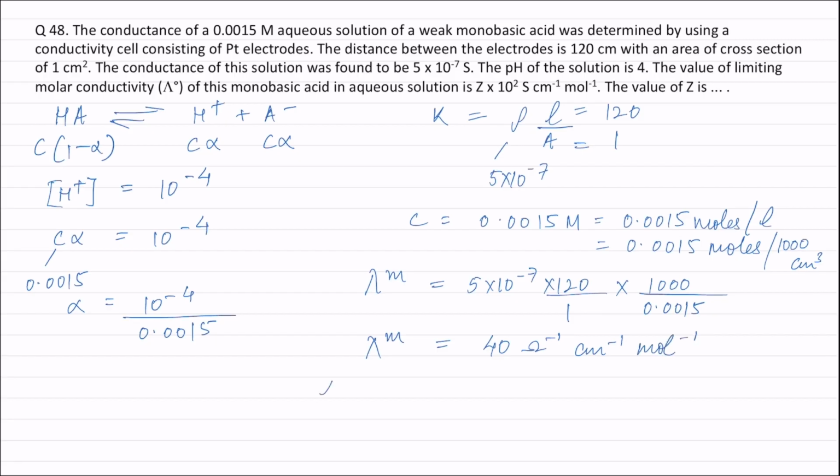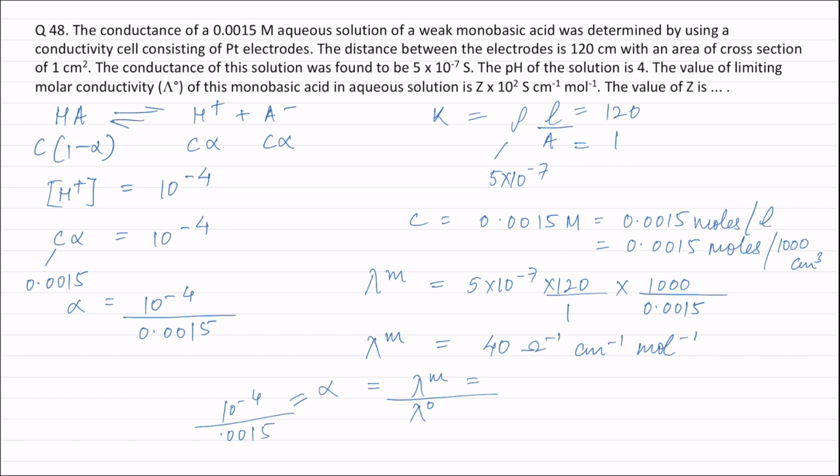Now the value of alpha is equal to equivalent molar conductance divided by the limiting molar conductivity. The value of alpha is 10 to the power minus 4 divided by 0.0015.